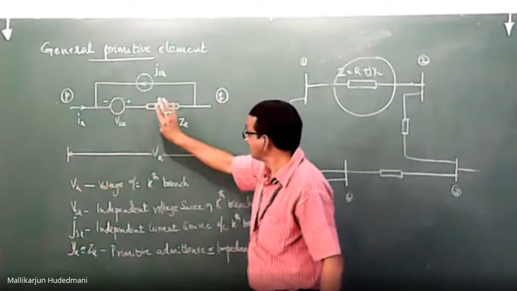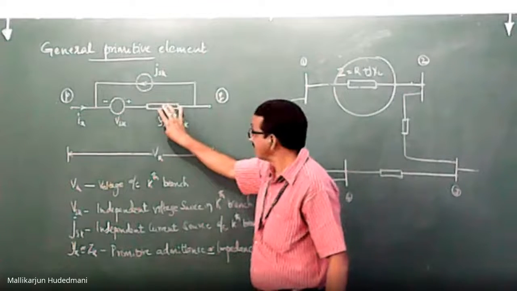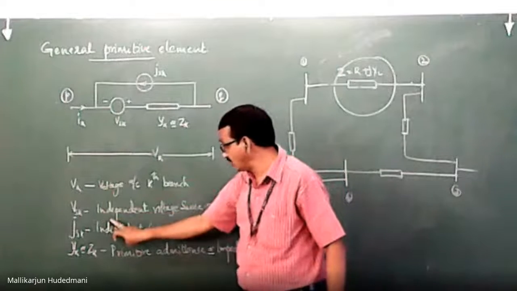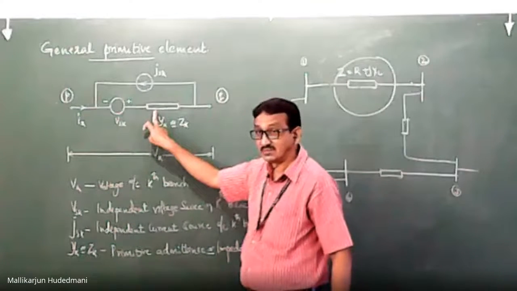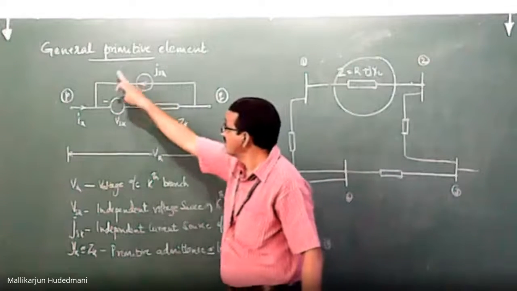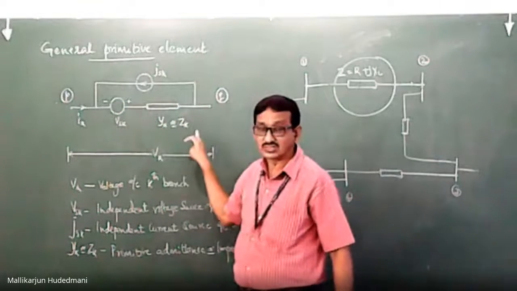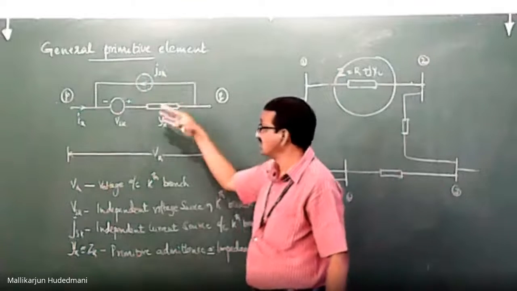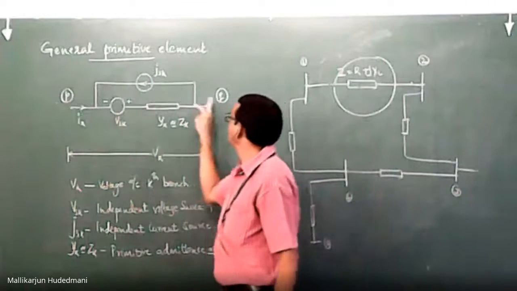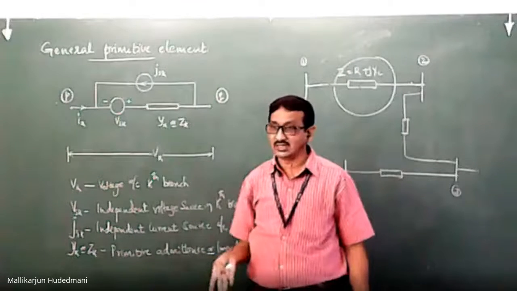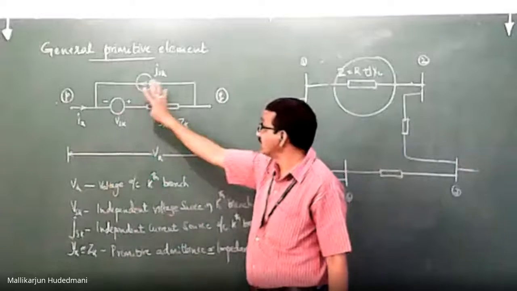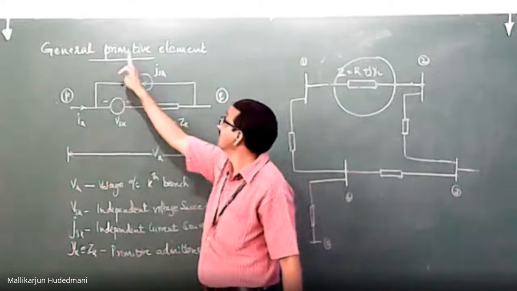It means that either it is an impedance or an admittance, it may possess a series independent voltage source in series with the admittance or impedance value, or it may have a current source across the particular element, where this element is one of the physical elements between buses P and Q arbitrarily. It can be 1 and 2, 7 and 2, 9 and 2, etc. I am trying to describe this as the general primitive element.